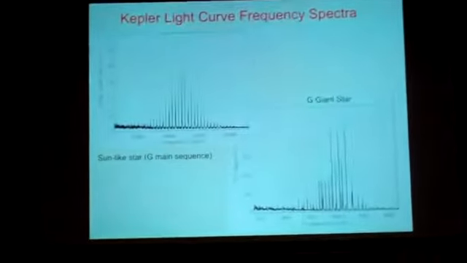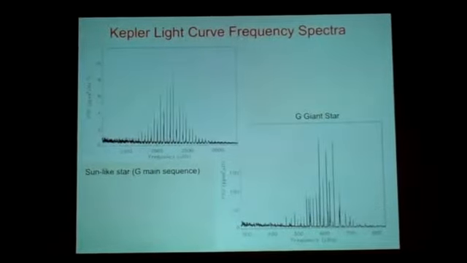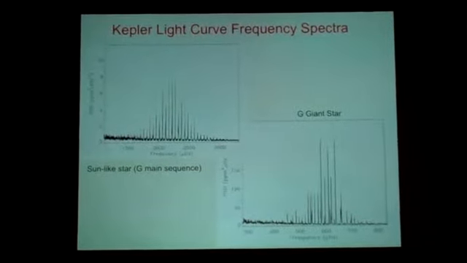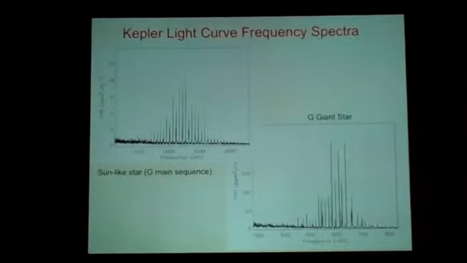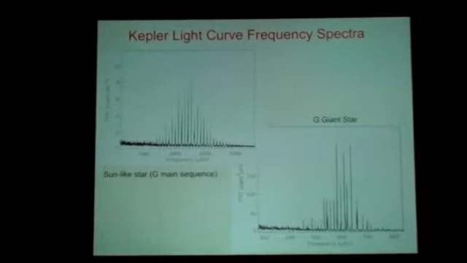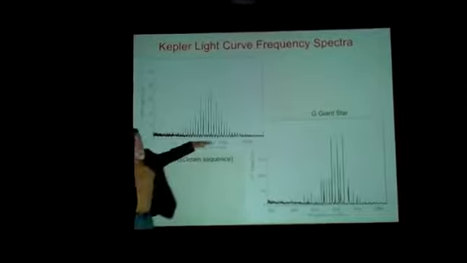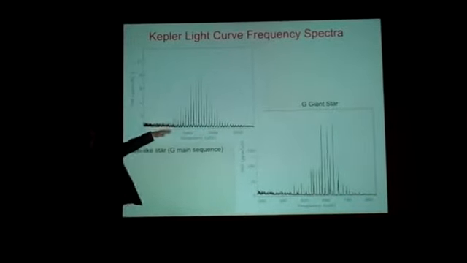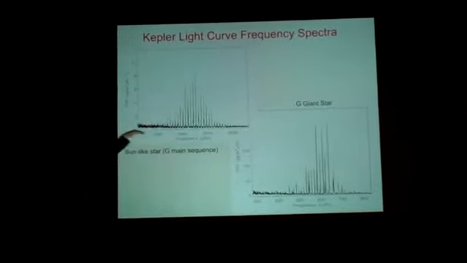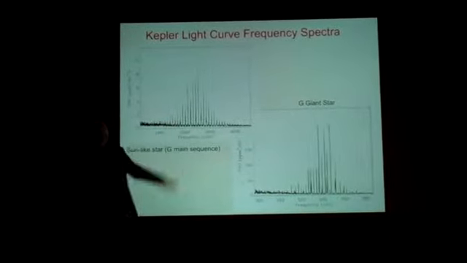So if you take these light curves and do something, again, one of these fancy science words called a Fourier transform, or a wavelet transform, and all that means is I figure out a way to tell you pulsations this way are in frequency, but it also could be time. So what are the time periods of various pulsations I see? For example, in the sun, I can see this one at 5 minutes.